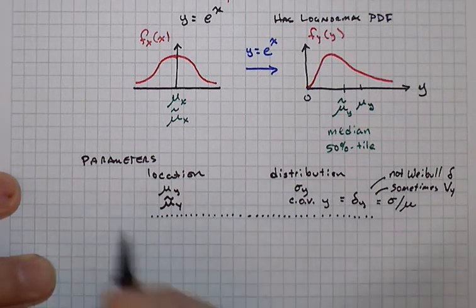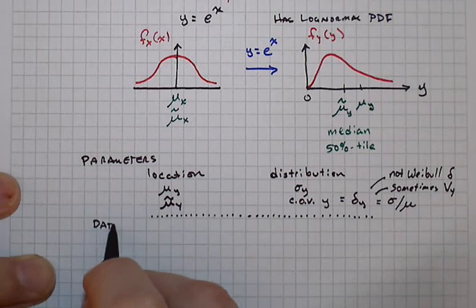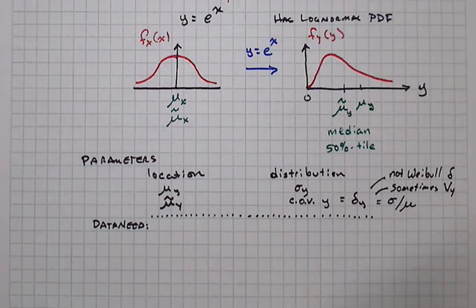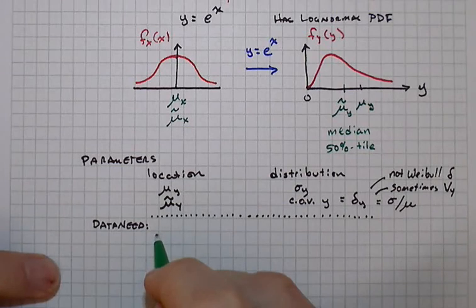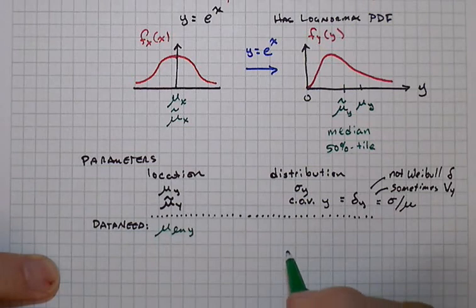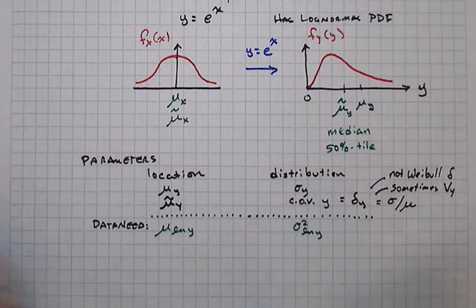And in terms of data needs, what we really want to work with to get over to our standard normal tables are going to be the mean of the natural log of y and the variance of the natural log of y.